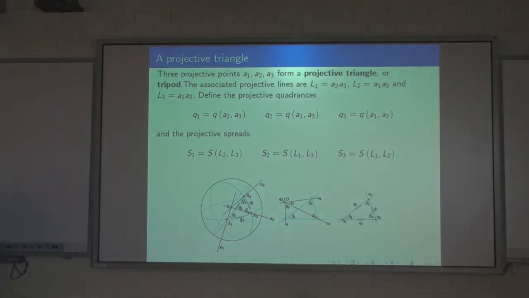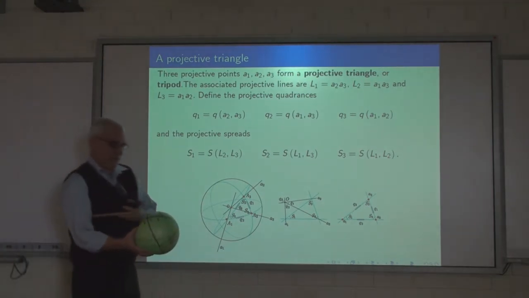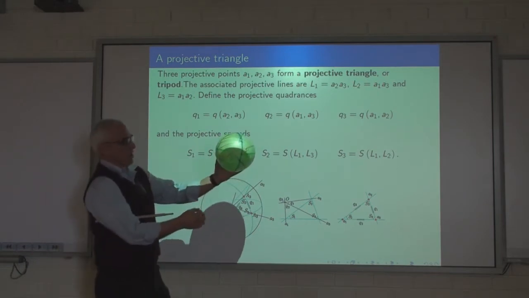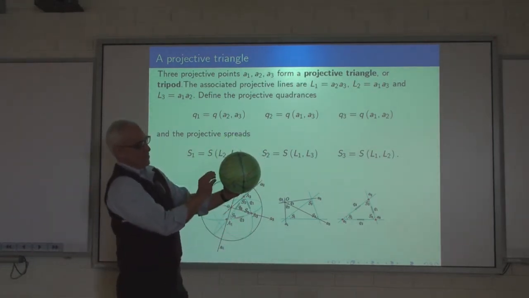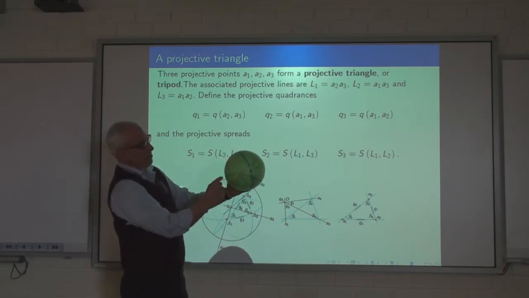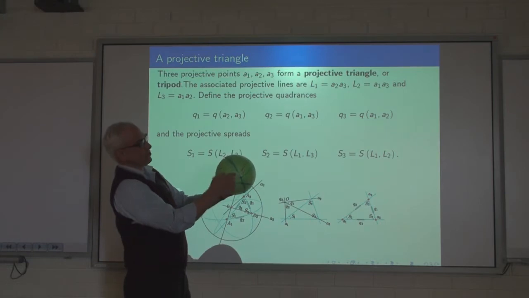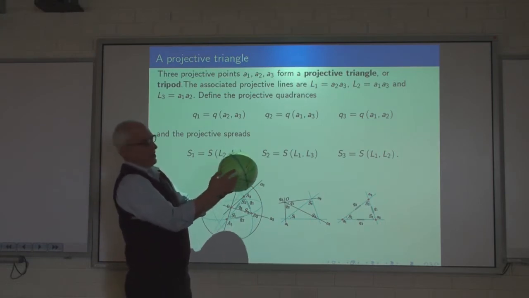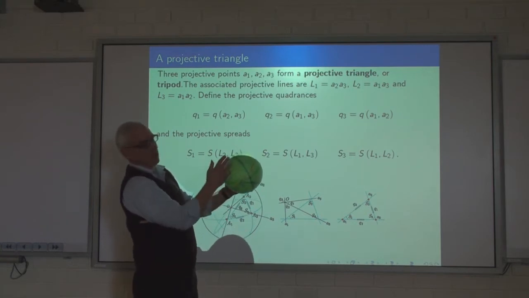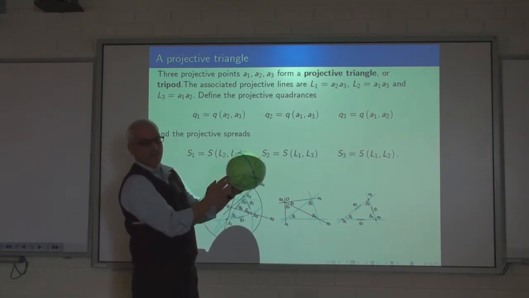We'd like to think 2-dimensionally, even though it's actually a 3-dimensional picture. So we imagine these 3 lines emanating from the center of the sphere and meeting the sphere at these 3 points. And the spherical triangle, the projective triangle, we can visualize this way.